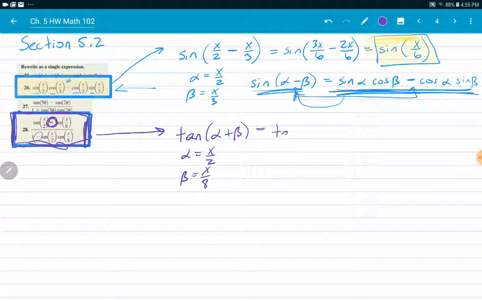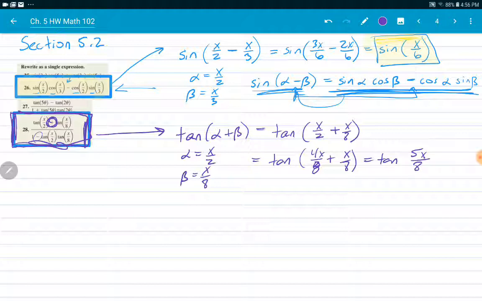So that's going to give us tan of x over 2 plus x over 8. Getting a common denominator, I get tan of 4x over 8 plus x over 8, which gives me tan of 5x over 8.